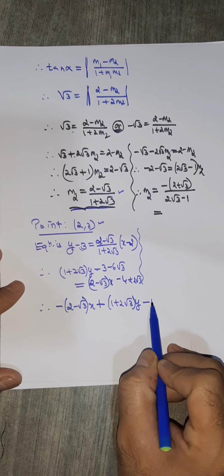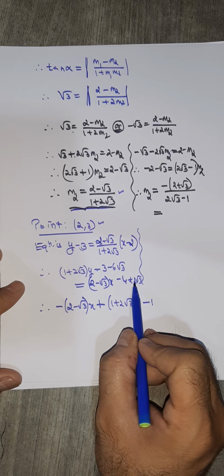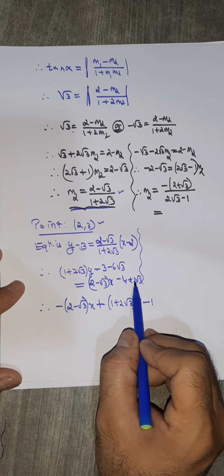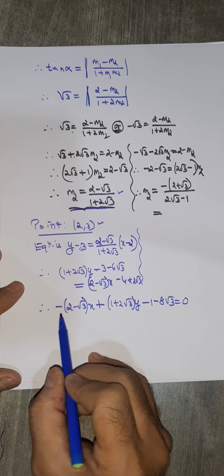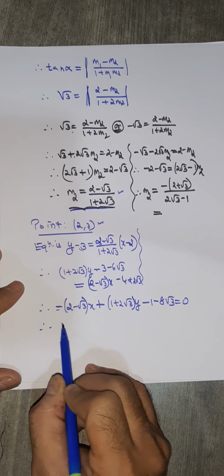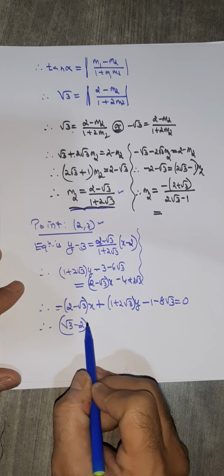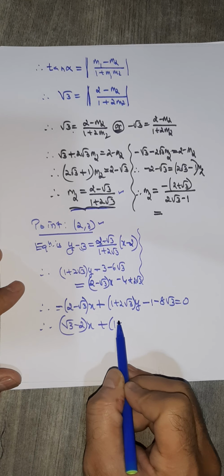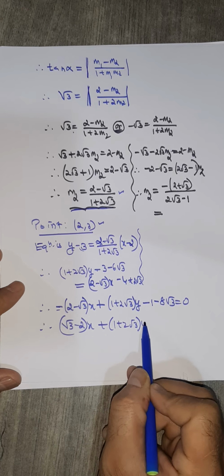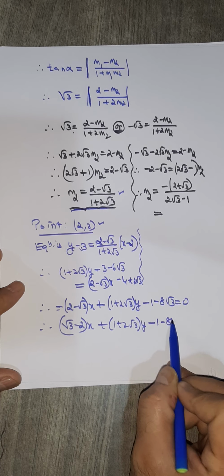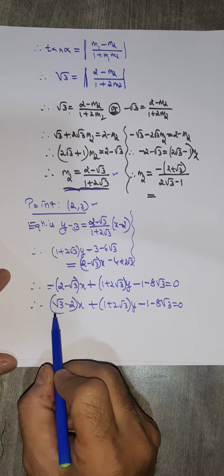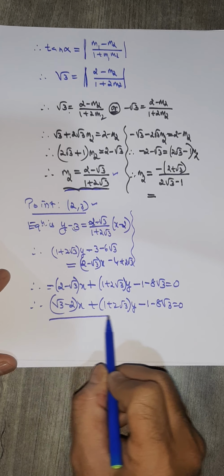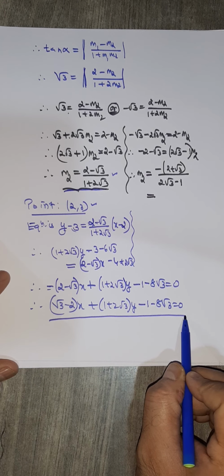So you have minus 1, and this will be minus 2, so minus 8 root 3 equals 0. You can just merge this minus with this. So root 3 minus 2 into x plus 1 plus 2 root 3 y minus 1 minus 8 root 3 equals 0. Right? Now it is in which form? Ax plus by plus c equals 0. This is the required line in this case.